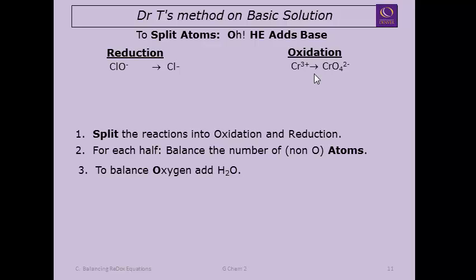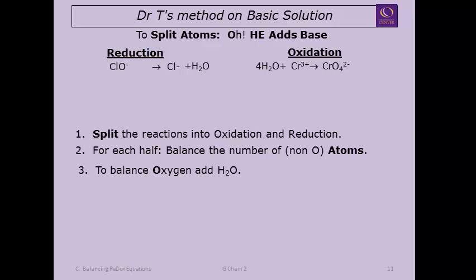To balance oxygen, add water to the other side. In this case, we have oxygen as reactant, so we have to put a water on the product side. And then we go over here and look at the chromium. I've got 4 oxygens in the product side, so I have to account for that in the reactant side.